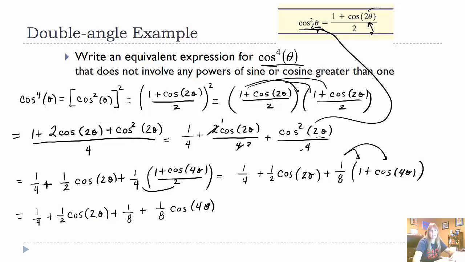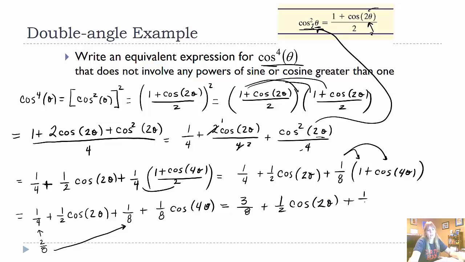And now I can combine some terms, so I know that 1/4 is the same as 2/8. So I can add it to that one, which gives me 3/8, and then plus 1/2 cosine 2 theta plus 1/8 cosine 4 theta.